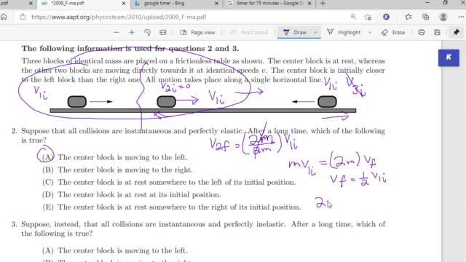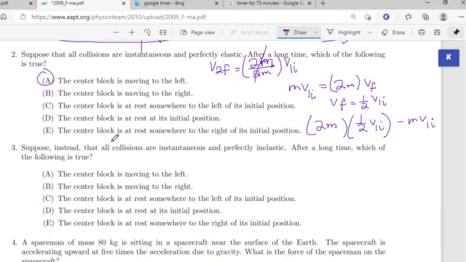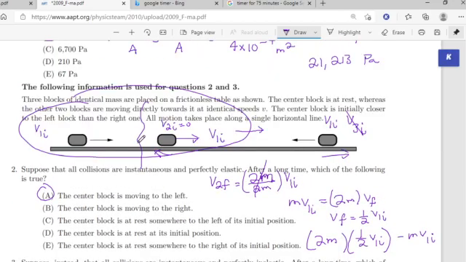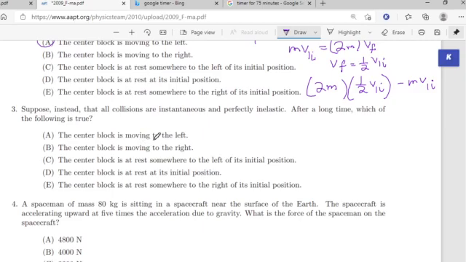So we have 2m times 1/2 v1I minus m v1I, which means that the momentum should cancel out, so it should be at rest. And it should be left of its initial position, so this is wrong. Actually, no, sorry, it should be to the right. Okay, this is right, and you should be wrong.